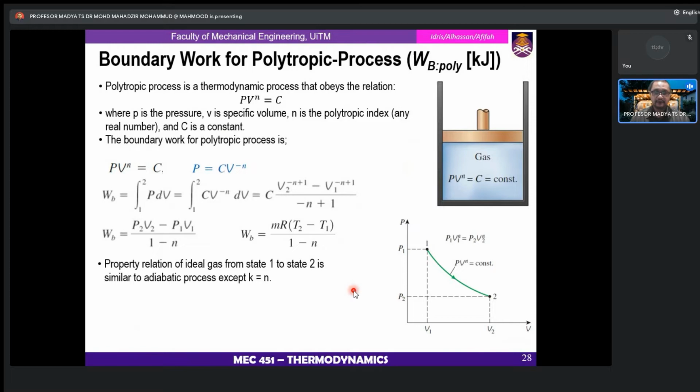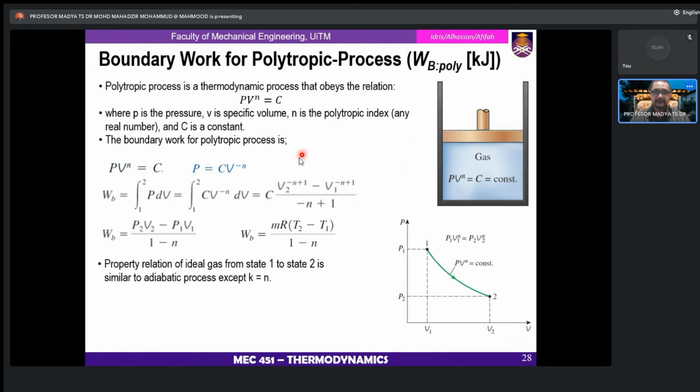The law for this curved line is PV^n equals C. That means the polytropic process is a thermodynamic process that obeys this relationship, which is the law used in this process. Here P is pressure, V is specific volume, n is the polytropic index, and C is a constant.